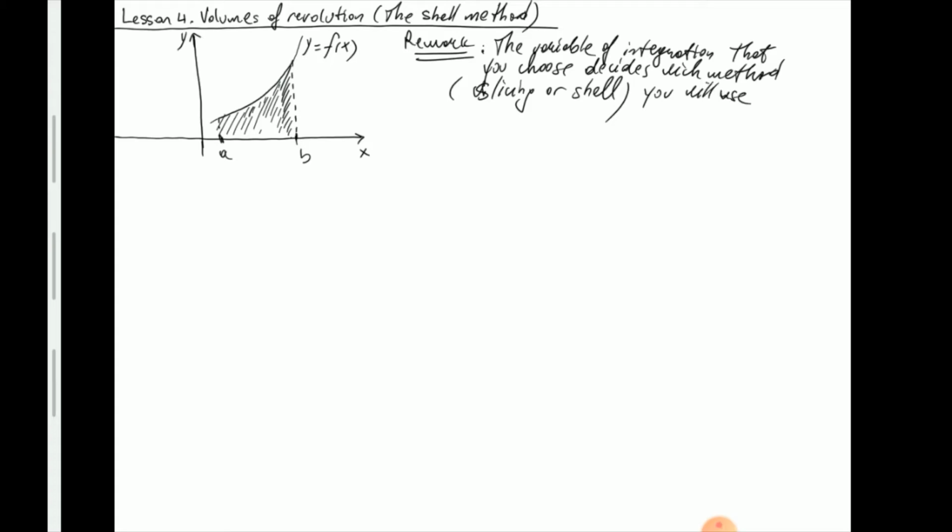The variable of integration, not the other way around. People tend to jump ahead and say, well, if I want to use x, then I'm going to use the washer method. If I want to use y, then I'm going to use the shell method. But both methods can be used in terms of x or y, depending on the axis of rotation.